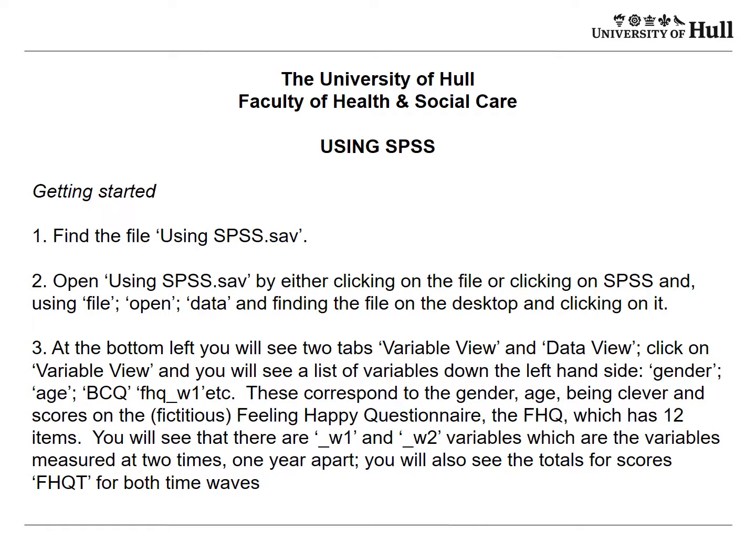You will see that there are _W1 and _W2 variables, which are the variables measured at 2 times, 1 year apart. You will also see the totals for scores FHQT for both time waves. This all assumes, of course, that you have got SPSS loaded onto your computer.